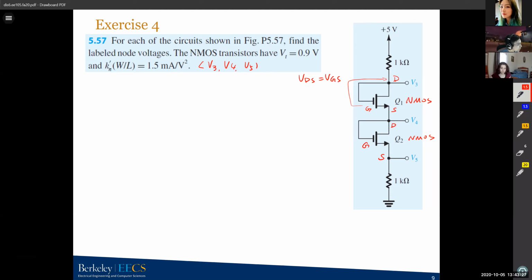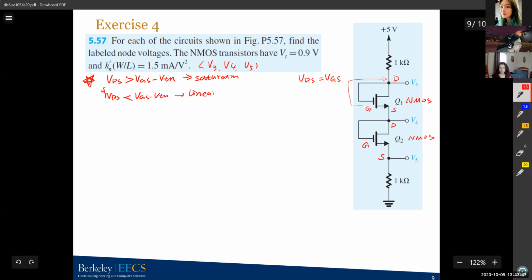If we recall the definitions for saturation and linear, if we have VDS greater than VGS minus VTN for NMOS, that's in the saturation regime. If you have VDS less than VGS minus VTN, this is in the linear regime.